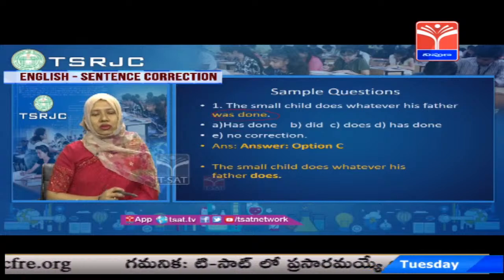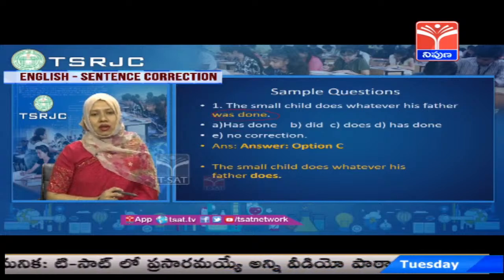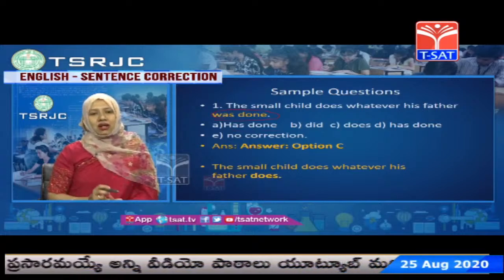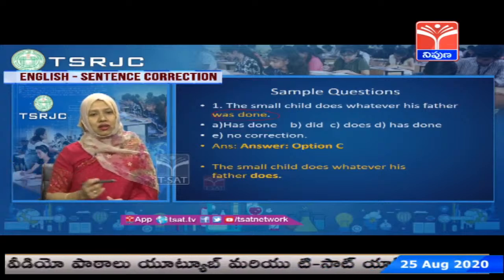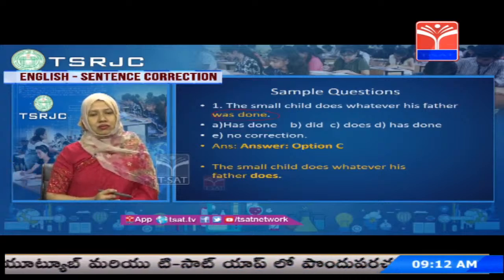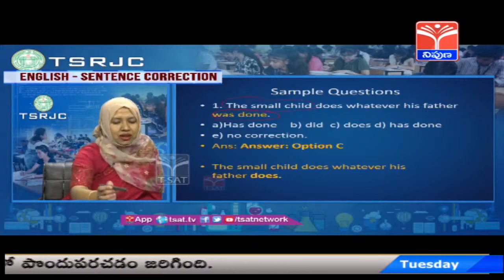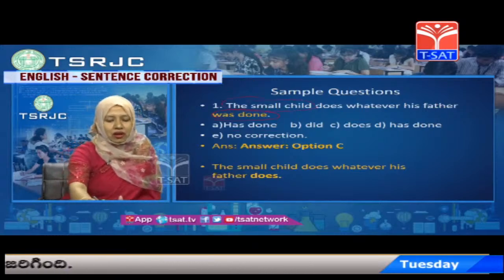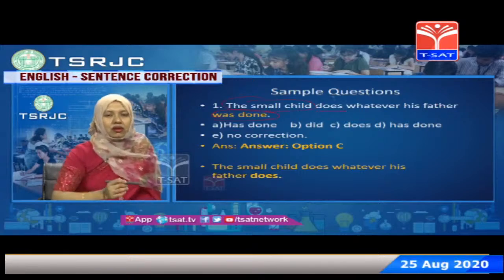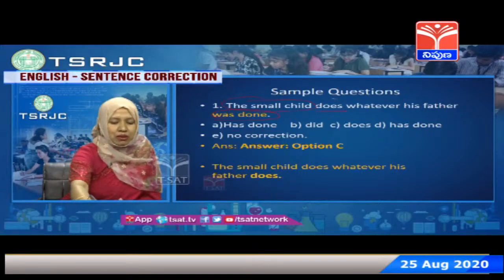Now, how to find the correct answer? The small child does whatever his father dash. In this sentence, the small child is the subject. Does, a singular verb. This is the helping verb in singular form.